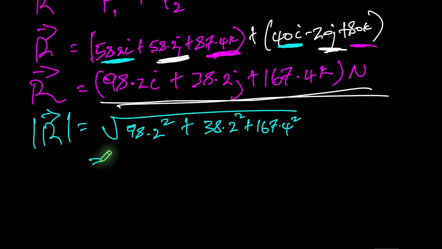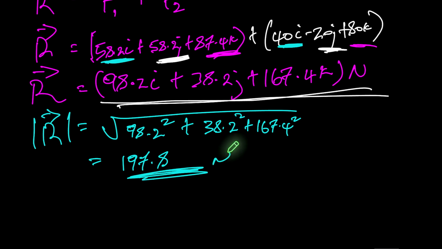We just need to put that into the calculator, and this gives us a magnitude of our resultant of 197.8. The magnitude tells us the overall size of the resultant force after combining all three directional components.